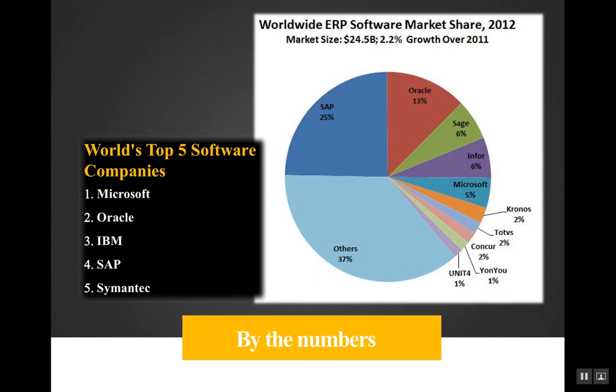Oracle, which really is focused on Oracle databases, basically large scale databases. We'll be talking about databases a little bit later in the term. IBM, which has historically had, and maintains, a pretty significant footprint in corporations.